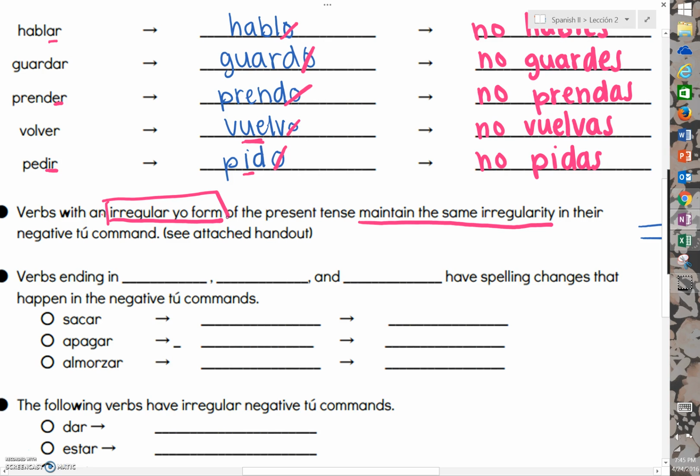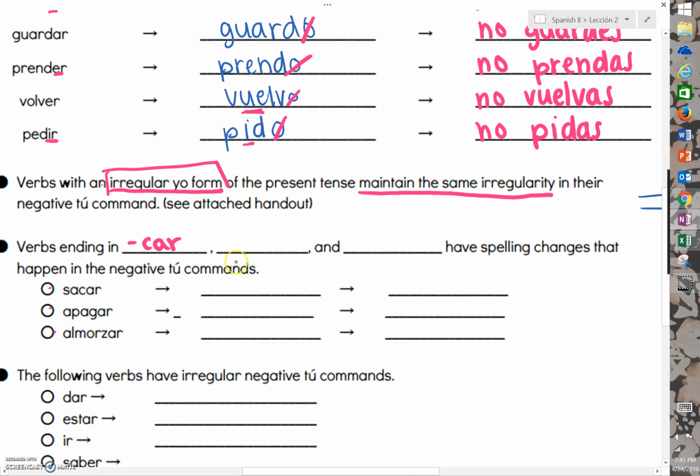What kinds of verbs have a spelling change that only ever happen in the yo form? I'll give you a hint. Sacar, apagar, and almorzar are examples of some of these verbs. What kind of verb do you think I'm talking about? If you said car, gar, and zar verbs, you are 100% correct.